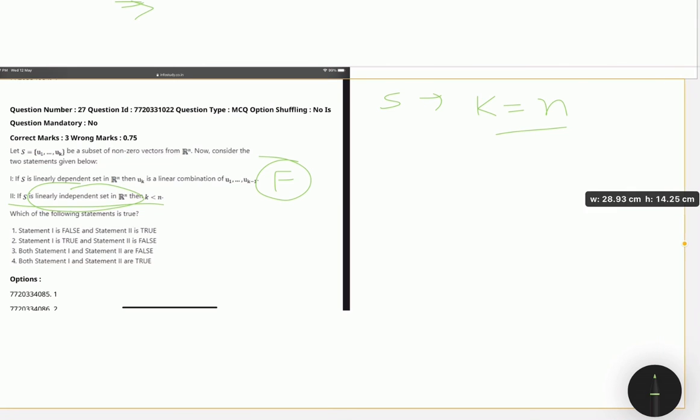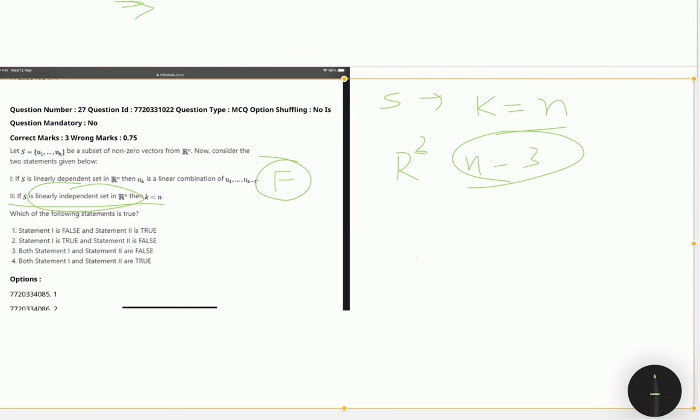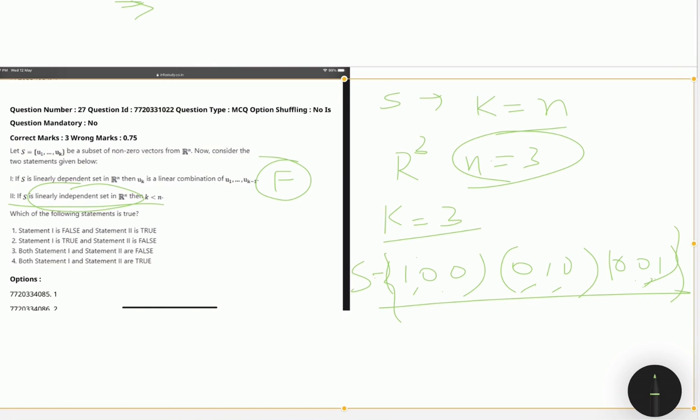If you can judge this, then you can construct an example, right? Let's consider R3. That means I have taken n equal to 3. Now let us consider k also to be 3. So again I can consider this example (1,0,0), (0,1,0), (0,0,1). Now clearly in this particular example these three are LI, this is my S.